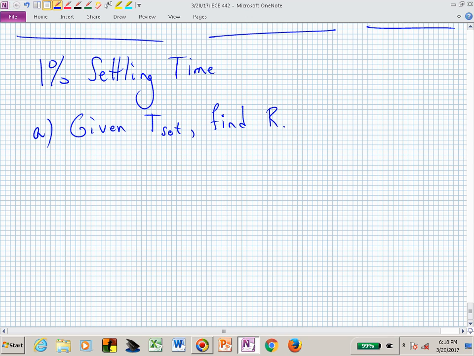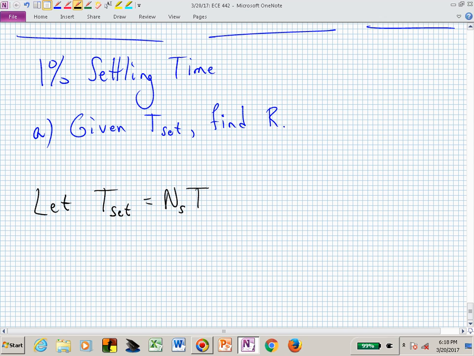In this case, let's say let T settle, some absolute time, be equal to some number of sample periods. If we have a sampling period of capital T, then the settling time is some integer value of those sample periods.